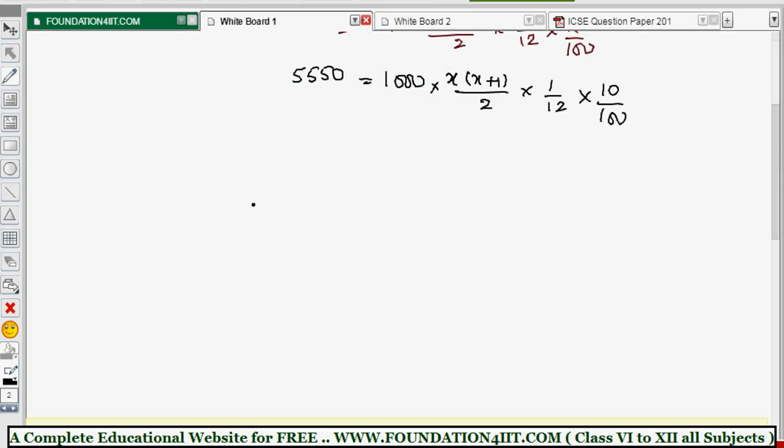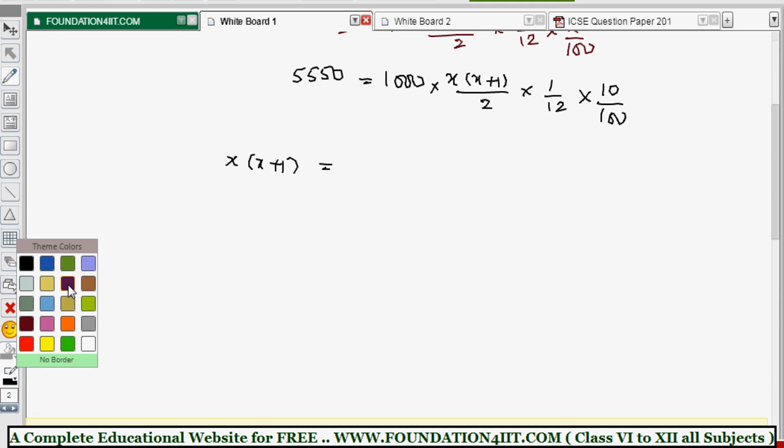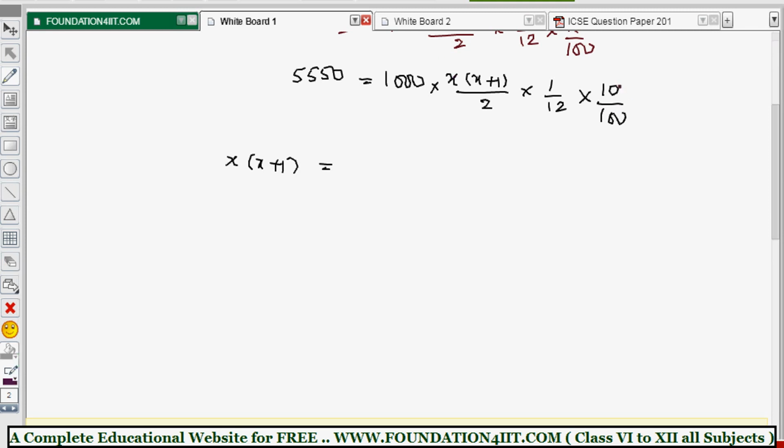Okay, now you can take all the terms. X into (X plus 1) is equal to, and before that let us simplify this side. The zeros cancel, and 10 1 0, one more zero gets cancelled. Then 100 and 2 1s are 250 0, and we can cancel the zeros again, 5 1s are 5, and 11 0.